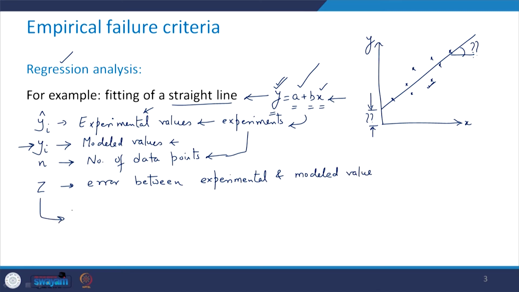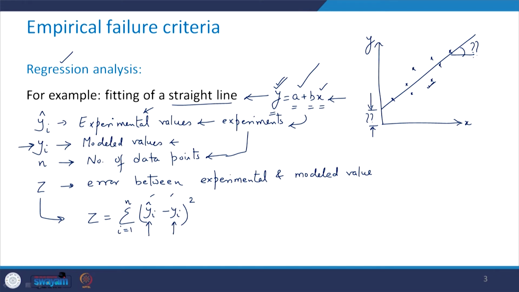which is defined as z equal to summation i equal to 1 to n, because n is the number of data points, of (y_i cap minus y_i) whole square. This means that here we have the experimental value, here we have the modeled value, and the difference between the two, and we take the square of that so that we are not bothered about the relative sign of this difference.